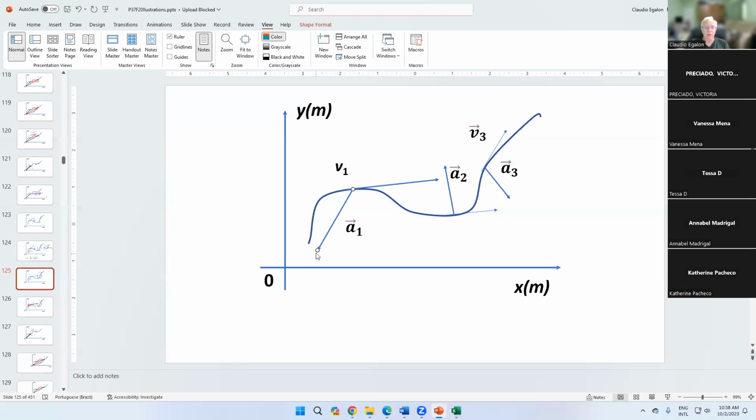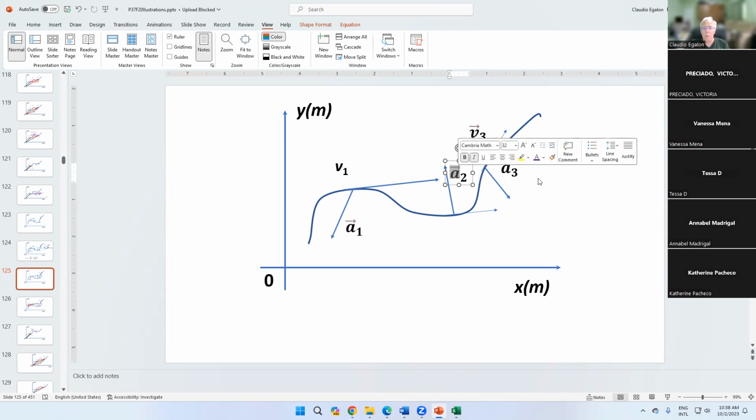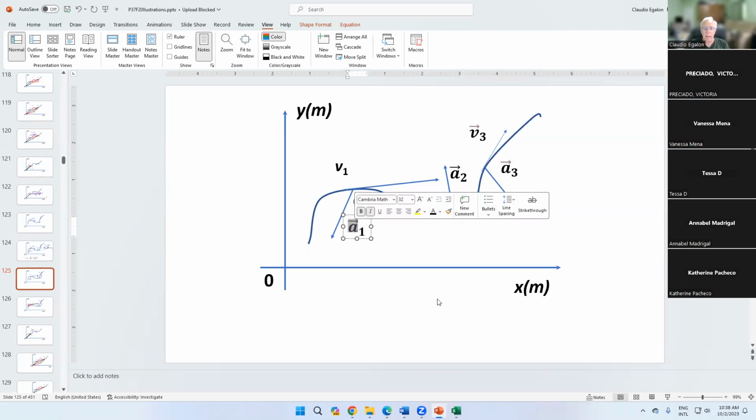You may have something like that, or like that, but we will never have an acceleration that's away from the concavity, right? Whether it's the average acceleration or the instantaneous acceleration. More precisely, the instantaneous acceleration is like that.